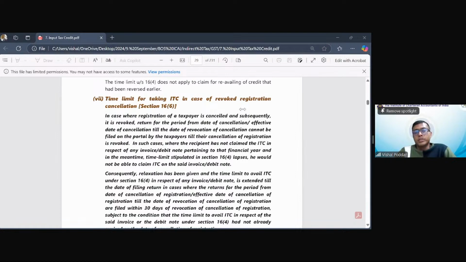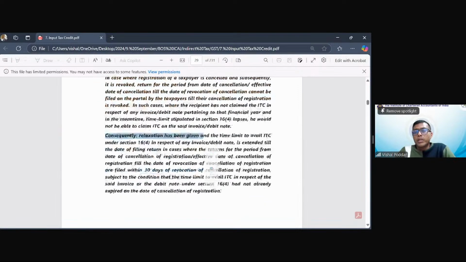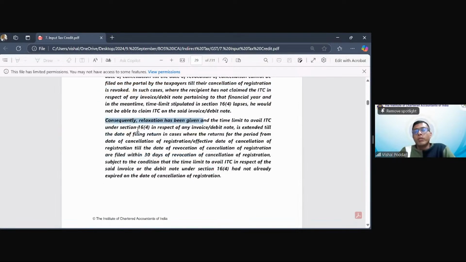So for such cases, they have extended the time limit for me, which says that consequently, relaxation has been given and the time limit to avail ITC, which is under 16.4, but in respect of invoice debit credit note is extended till the date of filing returns in cases where the return for the period from the date of cancellation of registration or effective date of cancellation of registration till the date of revocation of cancellation are filed within 30 days of revocation of cancellation.